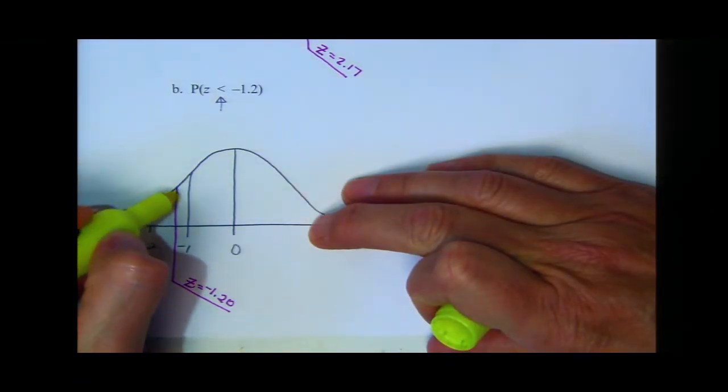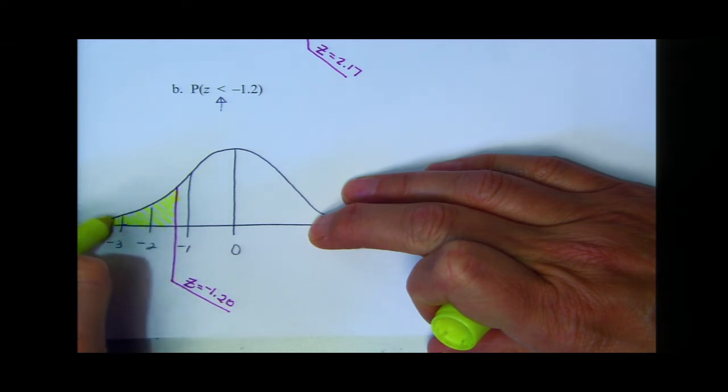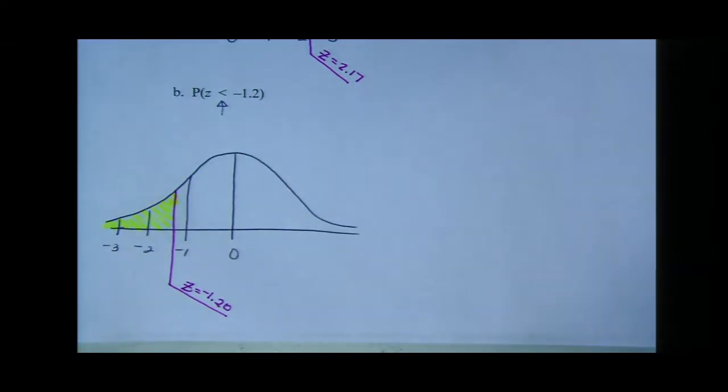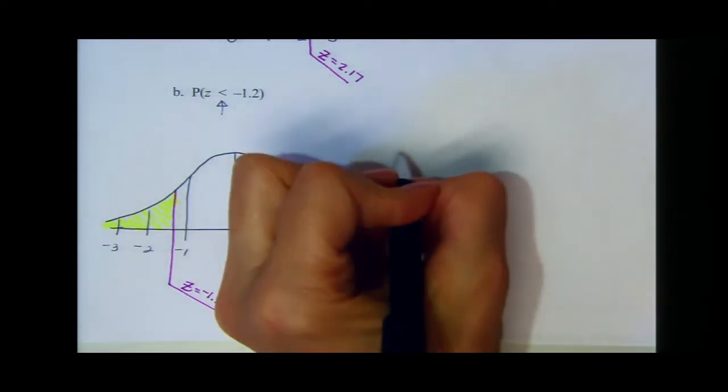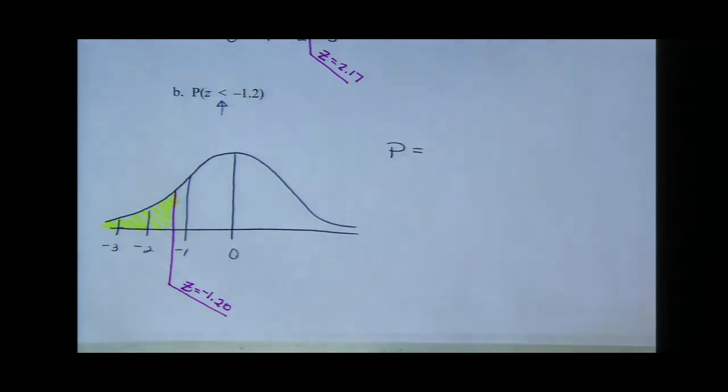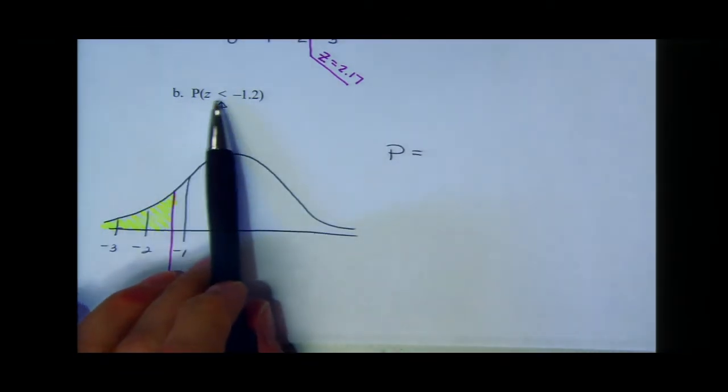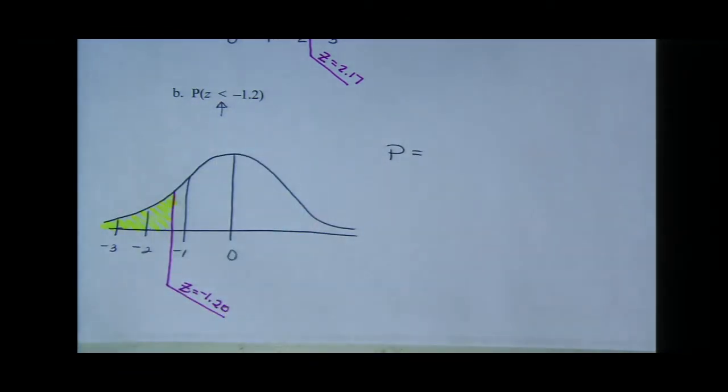So I'm shading to the left, and I know I have a left-tailed table. So when I go to the table, it'll give me the area that lies to the left. Well, actually, it'll give me the probability. So now that we're doing probability, I'm going to leave my answer as a decimal. So the probability that z is less than negative 1.20.